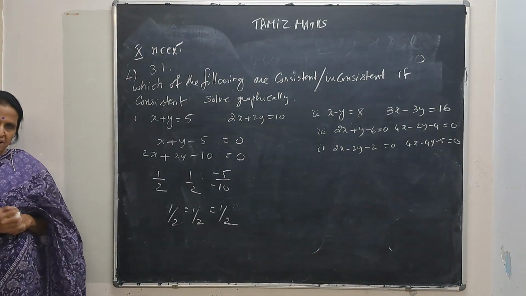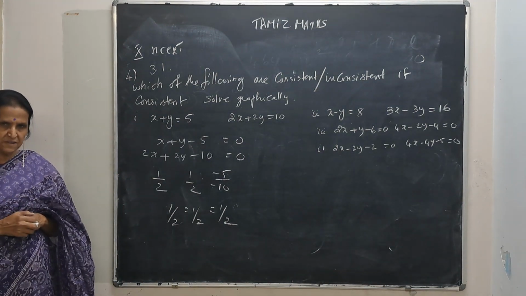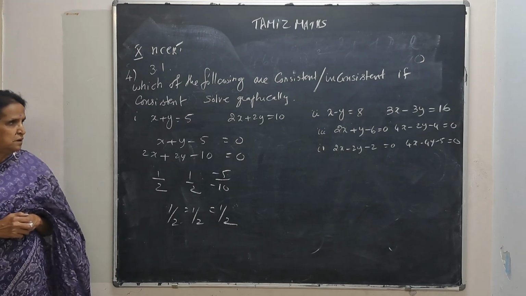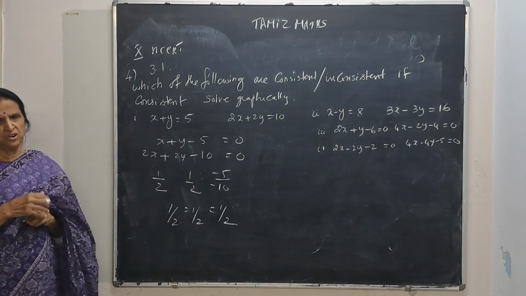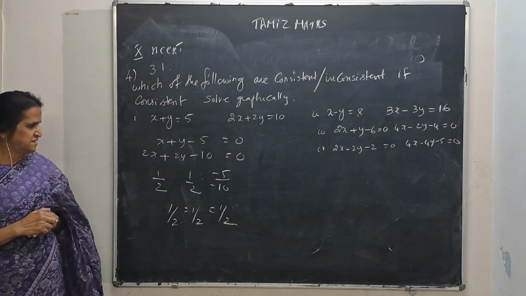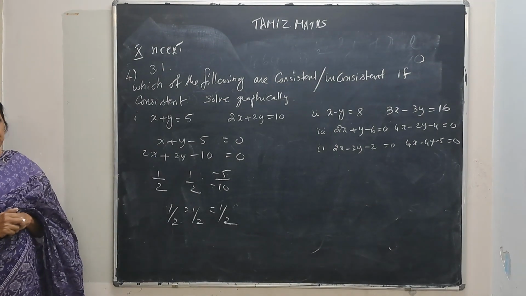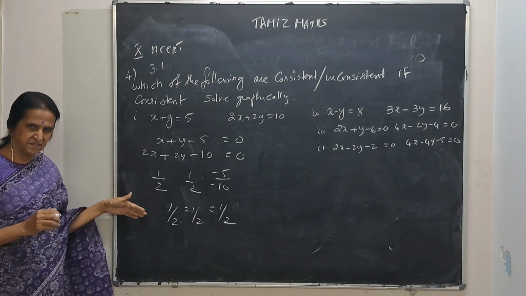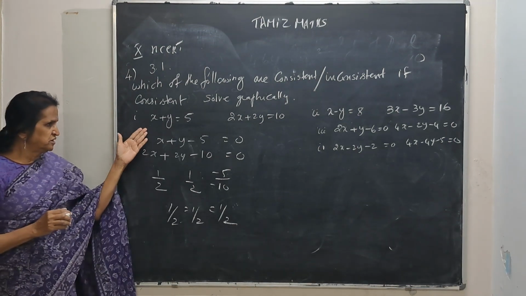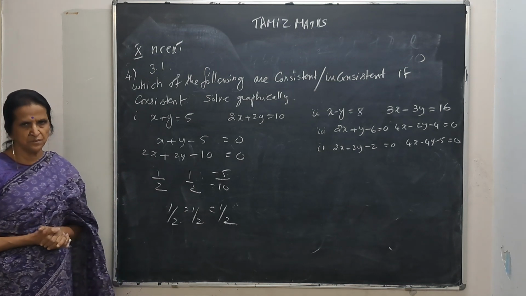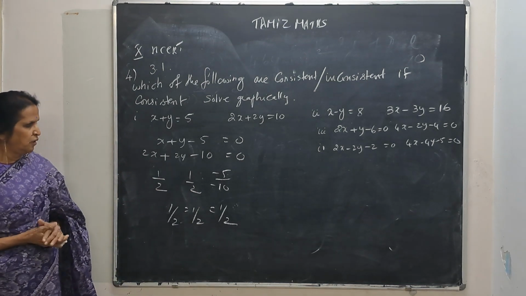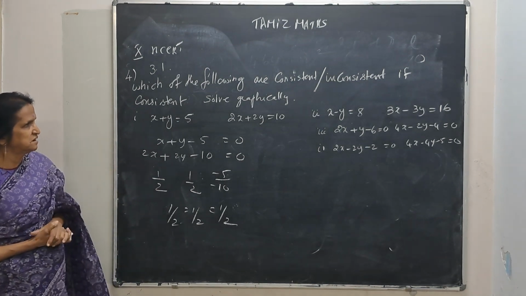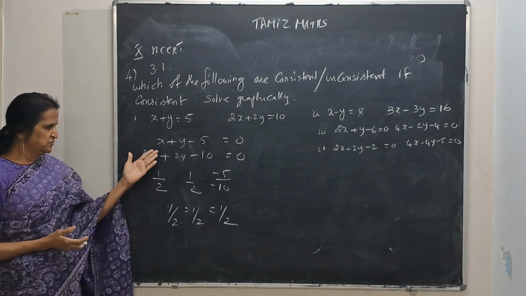That means it is consistent, but with what? With many number of solutions. If you draw the graph of this, they will overlap each other. Now you can just say the answer: it is consistent with many number of solutions.